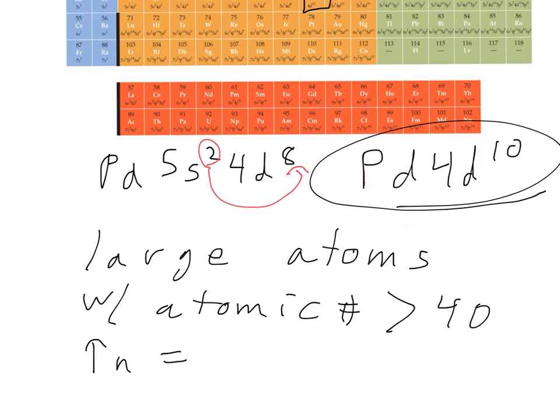I don't expect you to memorize all these anomalies. However, I've gone over 5 very common ones, and if I tell you an element is anomalous, I expect you to be able to predict, knowing that it's anomalous, why it's going to be anomalous, how it's going to be anomalous.